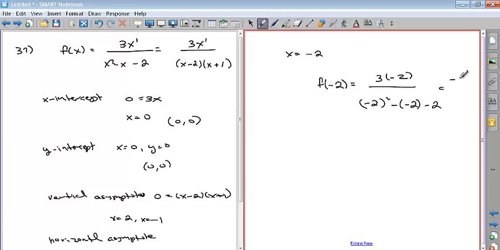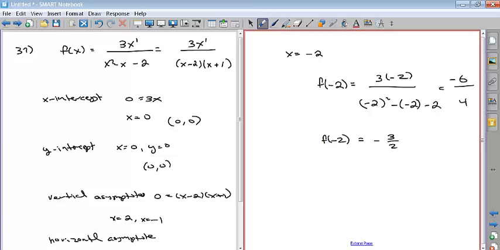So the numerator is -6. And in the denominator we have this +4, +2, so that's +6. +6 minus 2 is +4. And so we get -3/2 if you simplify that down. So that's f of -2.